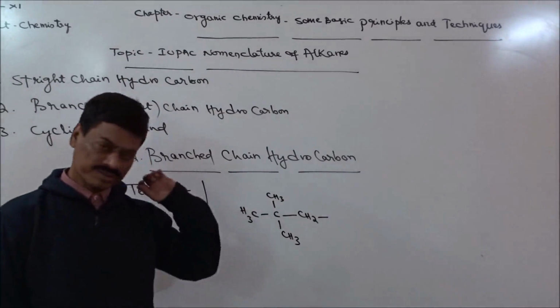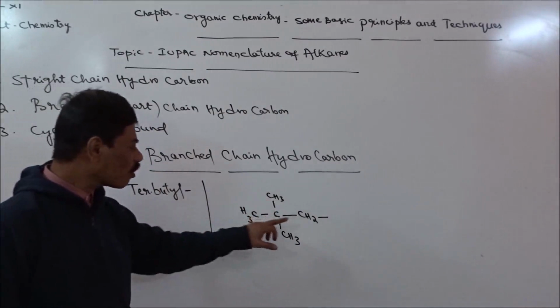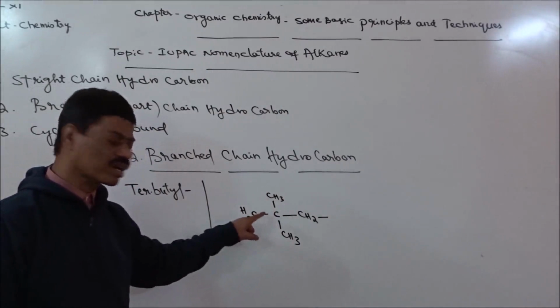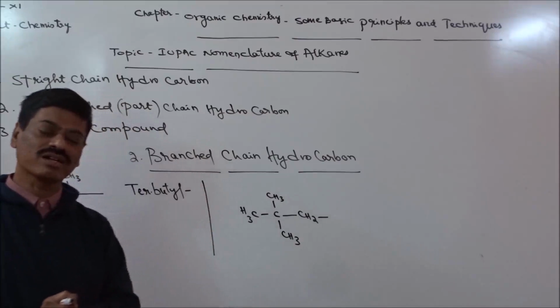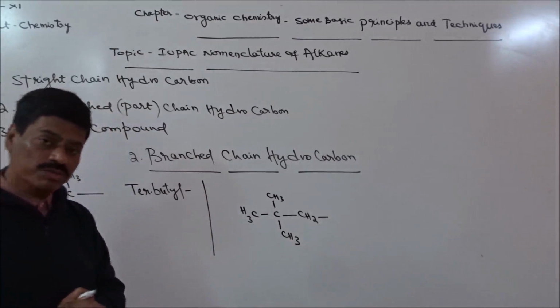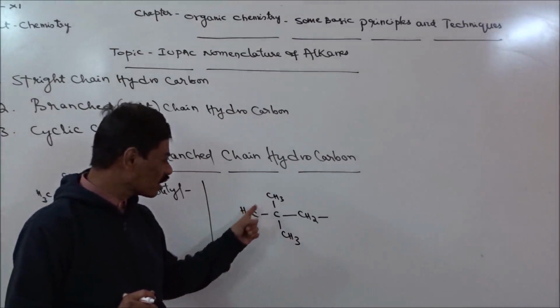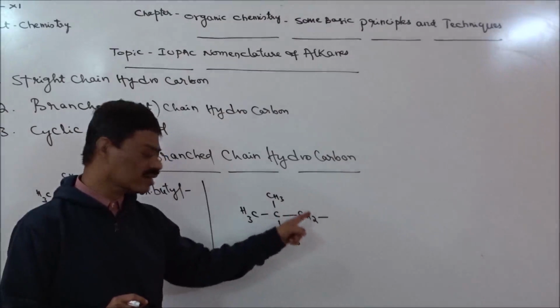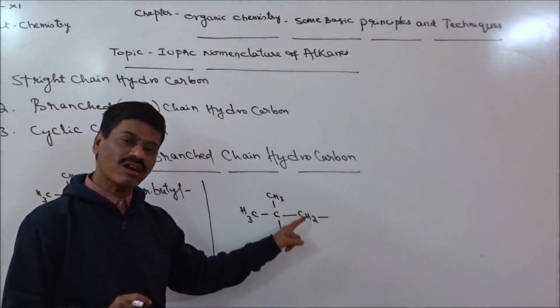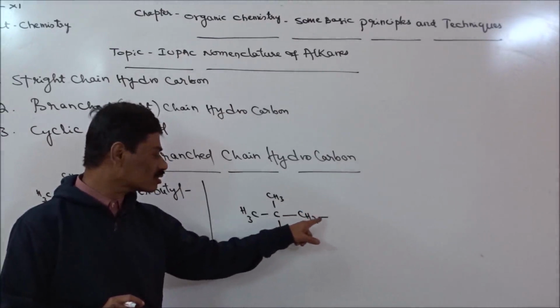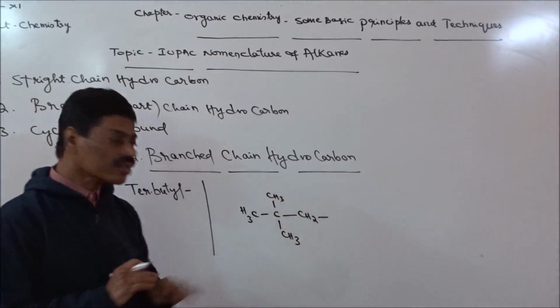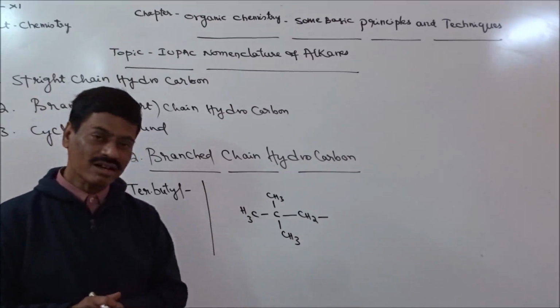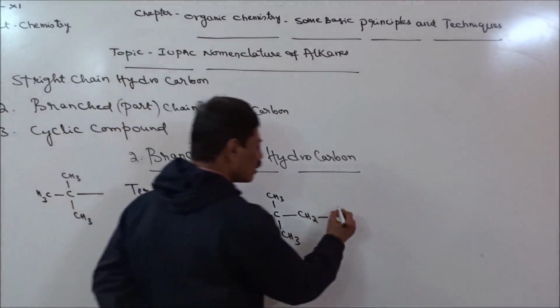Now, in this compound, 4 carbon atoms are connected to this carbon atom, but out of those 4 groups, 3 groups are similar. The 4th one is different. This is also actually methyl, CH3. From that, one carbon atom is removed, that's why we got this bond. Such an alkyl group is said to be neo.